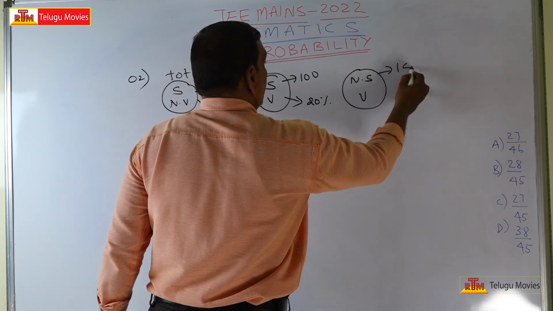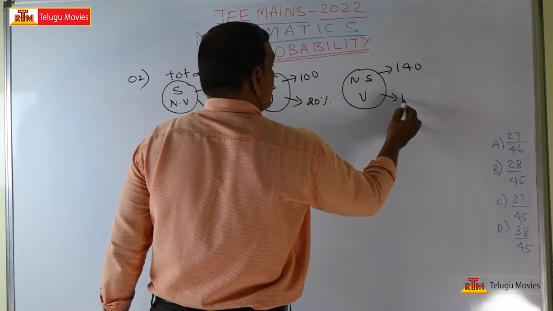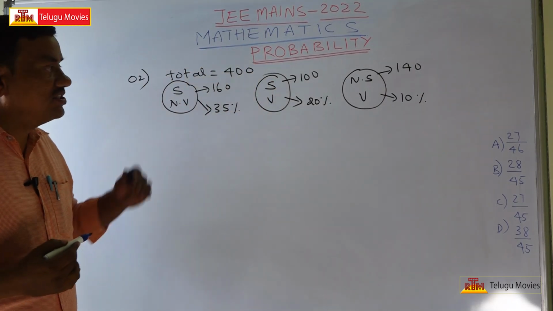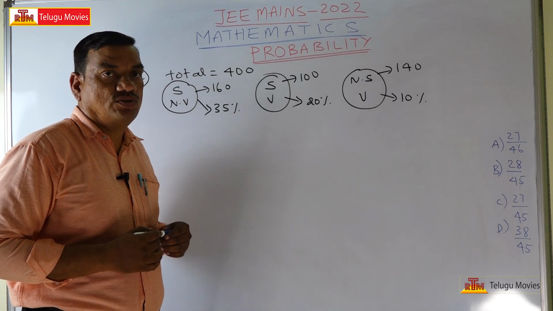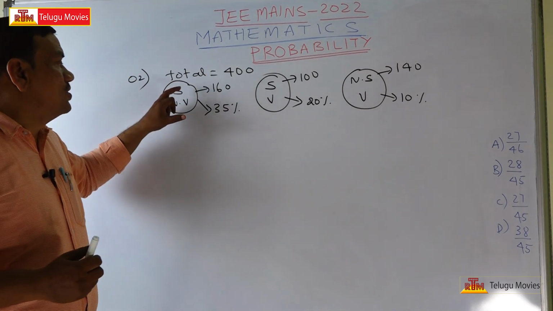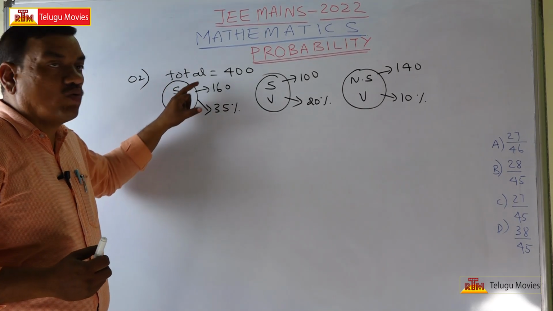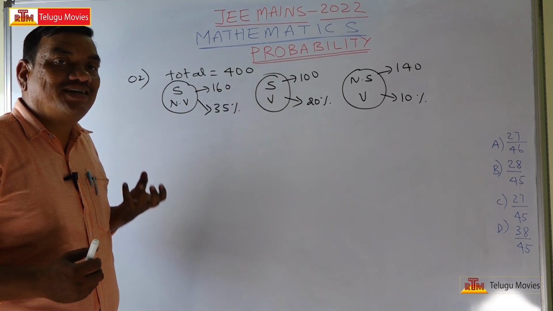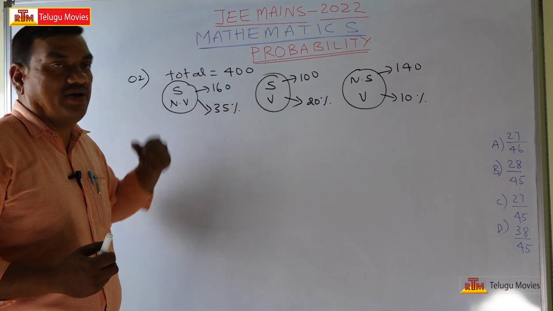Their number is 140, and their chance of getting a chest disorder is 10%. So the problem is very clear.